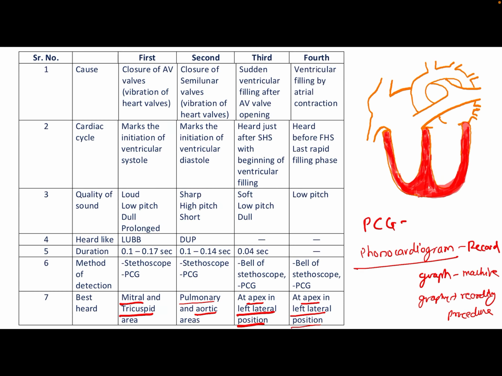Or a separate BAQ can be asked on the first heart sound or second heart sound, or both, or describe the third and fourth heart sound. So these can be the questions. Also an MCQ can be framed related to this information. So this topic is very important regarding LAQ, SAQ, BAQ or MCQ.